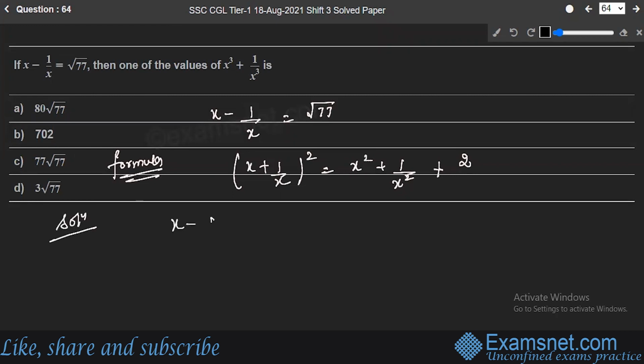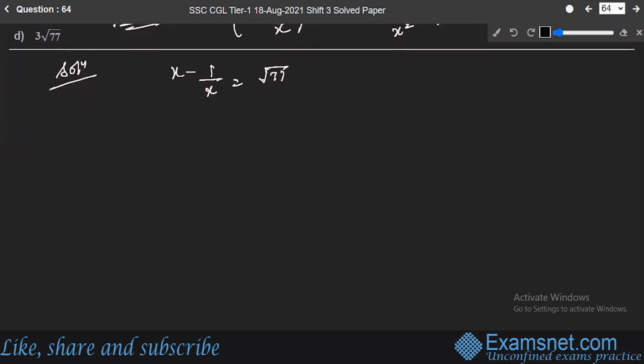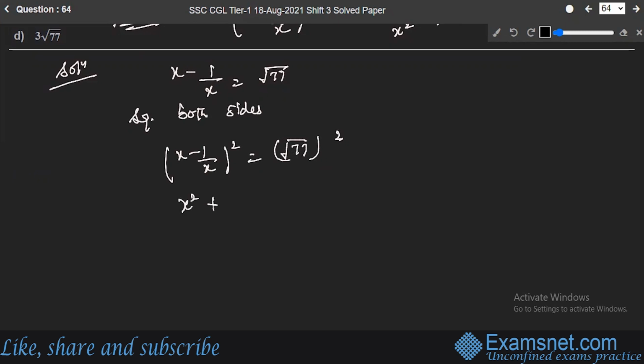Squaring both sides, we get (x minus 1 upon x) whole square is equal to root 77 square, which gives x square plus 1 upon x square minus 2 is equal to 77. This will be x square plus 1 upon x square is equal to 79.